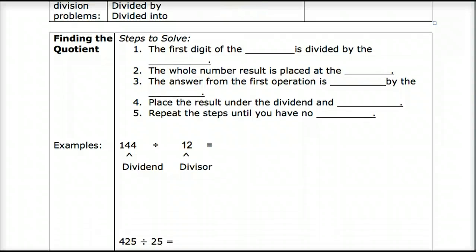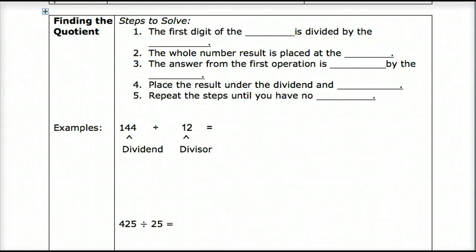So you're going to see on your notes where it says finding the quotient. In order to find the quotient, our first step is going to be to look at the first digit, and that first digit is going to be the dividend. So in the blank, write dividend.